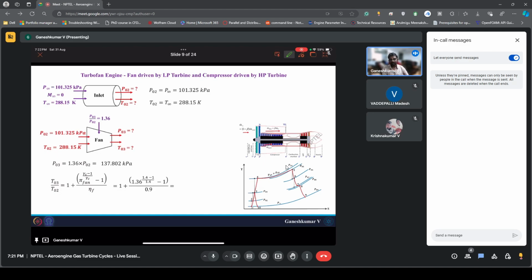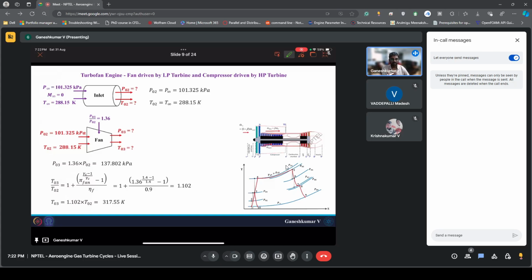So the efficiency of the fan is 90%. If you substitute these numbers, you will get T03 by T02, which we also solved in class itself. It is 1.102, and if you substitute T02, which is 288.15, you will end up having 317.55 Kelvin. So this is the pressure and temperature at the exit of the fan.